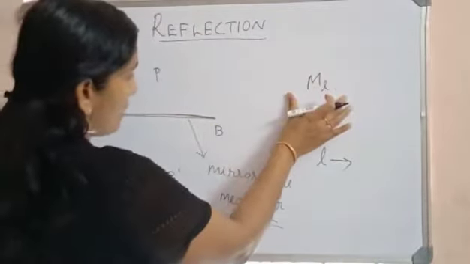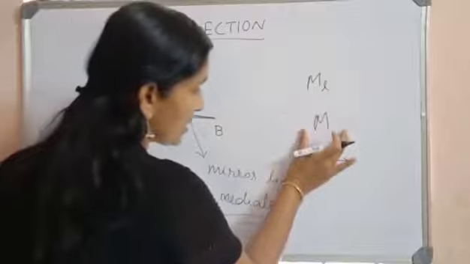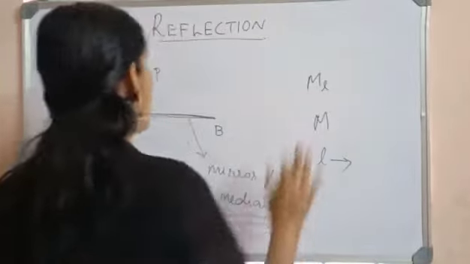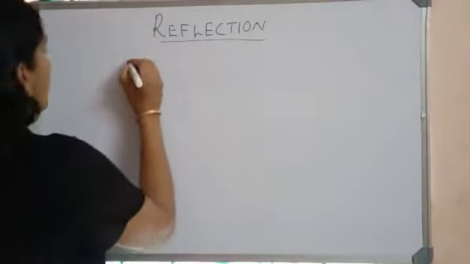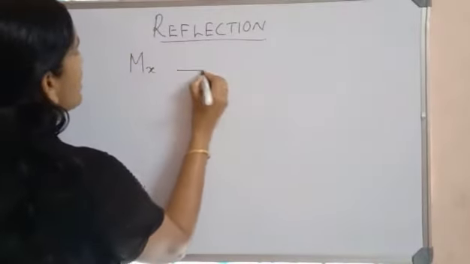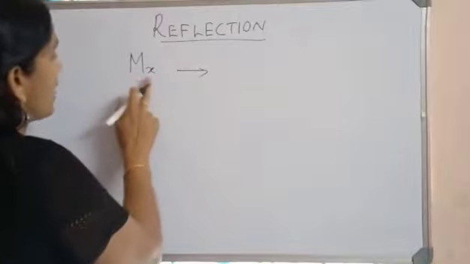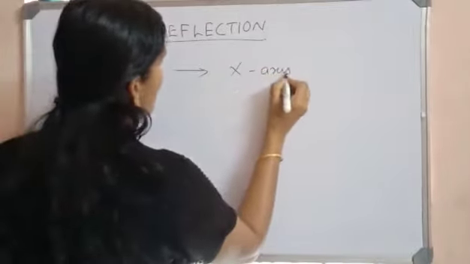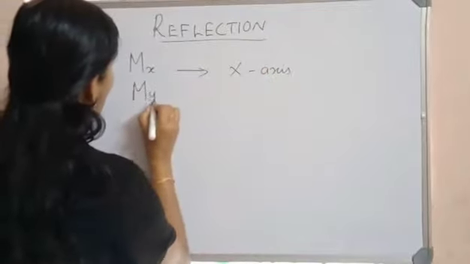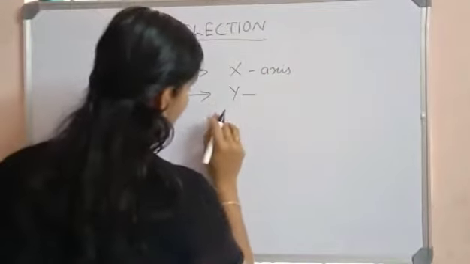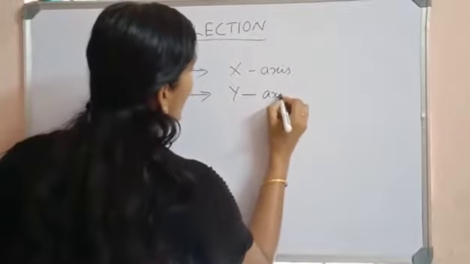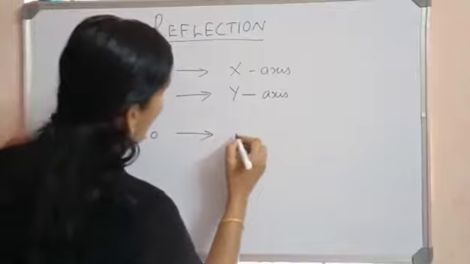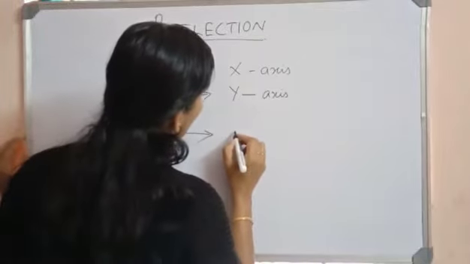If we denote the reflection by Mx, this means that the reflection is taking place in the x-axis. If it is denoted by My, this means the reflection is taking place in the y-axis, and if it is Mo, this means that the reflection is happening in the origin.